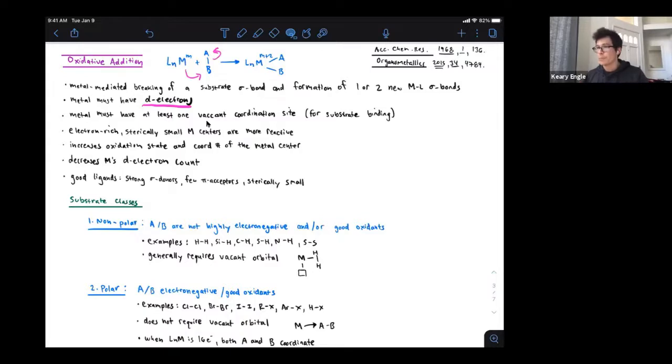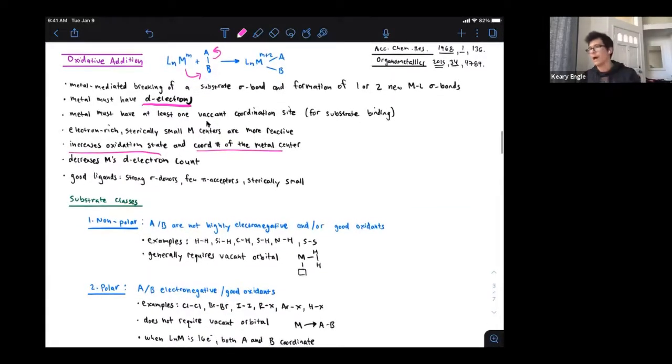And also, because this has some parallels to a nucleophilic substitution process, it tends to be more facile when the metal involved is small. This next point is probably self-evident, that you have an increase in the oxidation state of the metal and the coordination number of the metal.